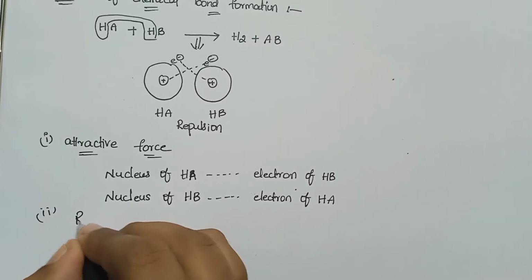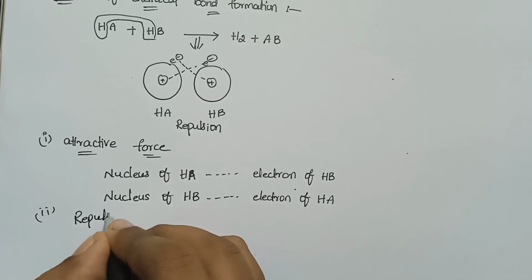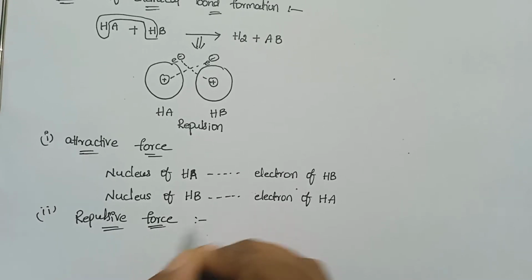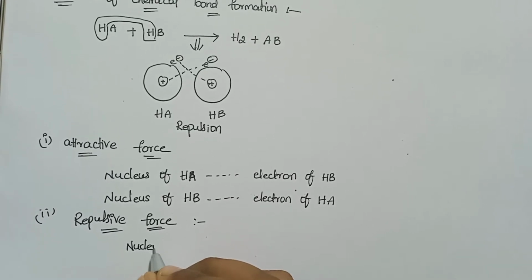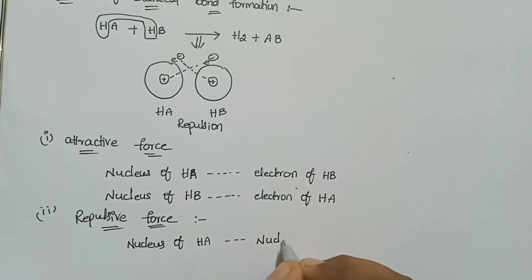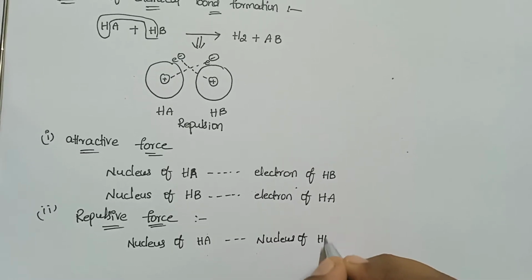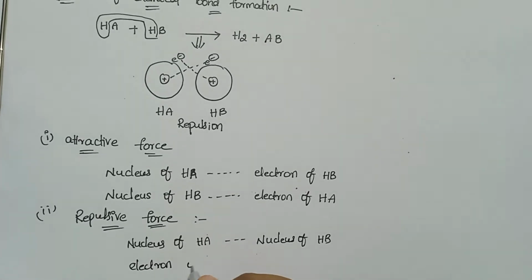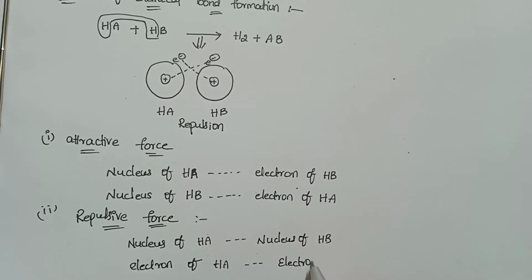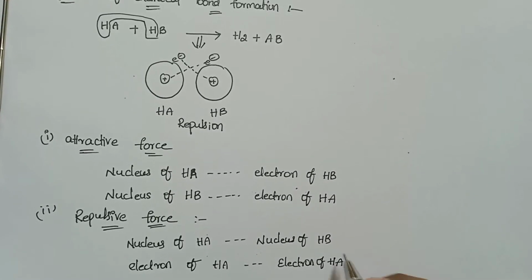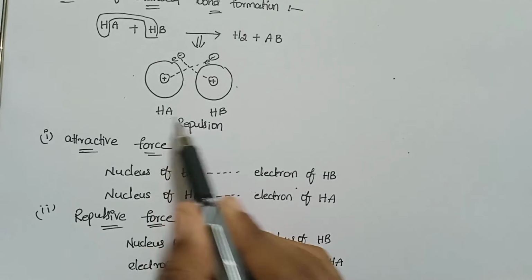Second one, repulsive force: nucleus of HA and nucleus of HB, and electrons of HA and electrons of HB.